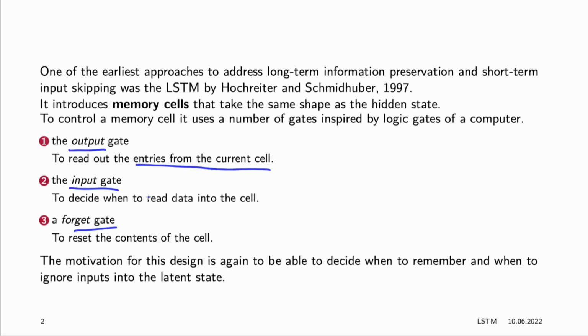The input gate decides when to read data into the cell, and the forget gate resets the contents of the memory cell. The motivation for this particular design is again to be able to decide when to remember and when to ignore the inputs into the latent state.